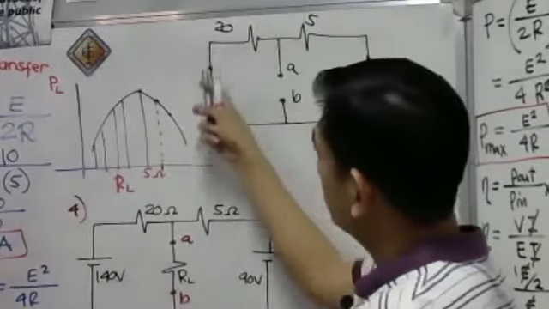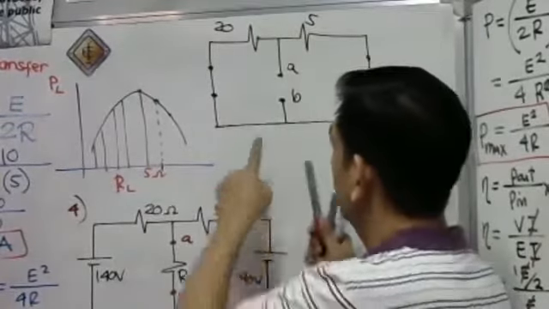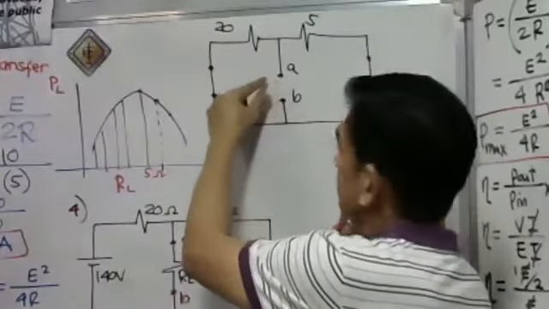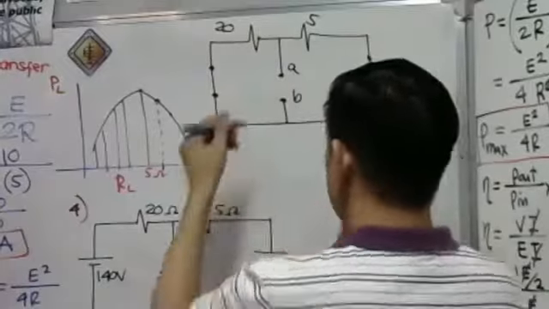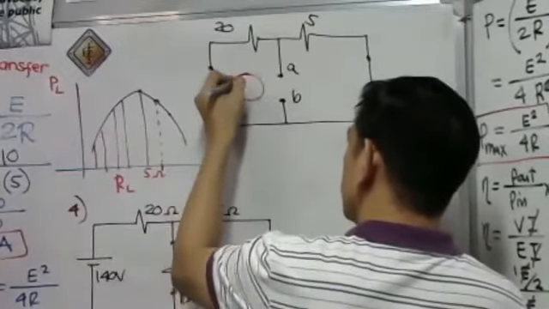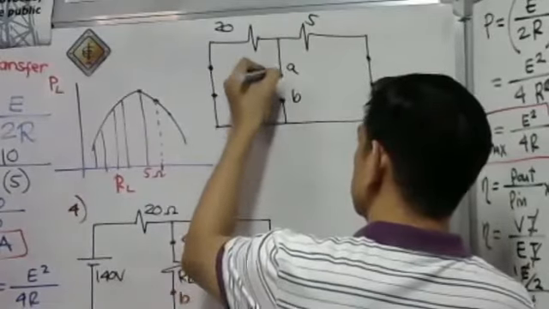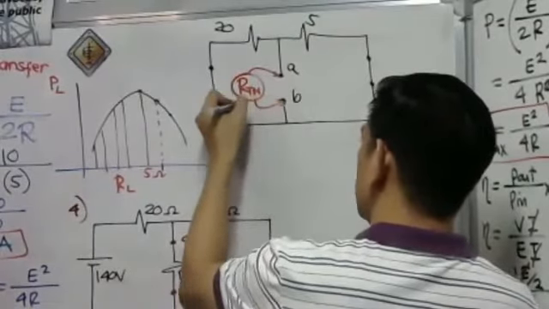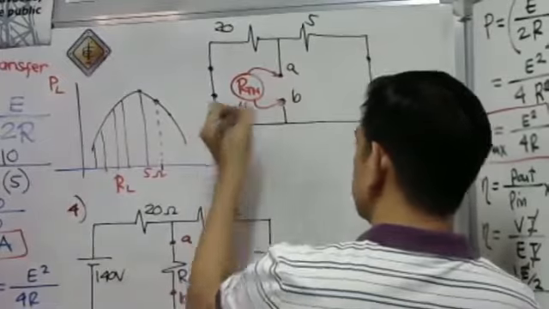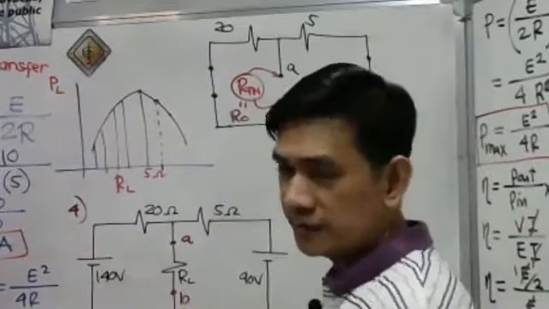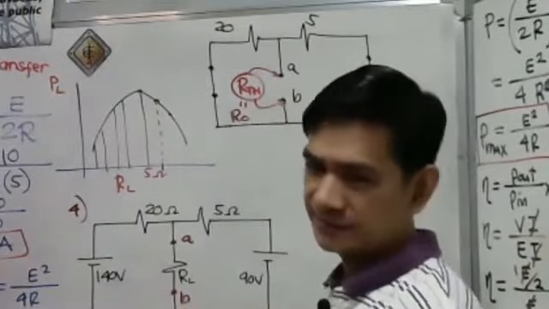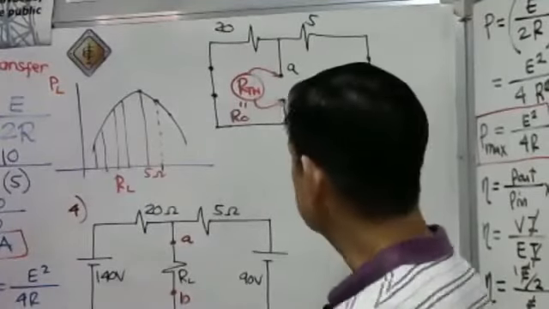You will see that at these terminals A and B, let us put an ohmmeter here. That is our RTH. In other books, that is what they call R sub O, the open circuit resistance, or the Thevenin's resistance.